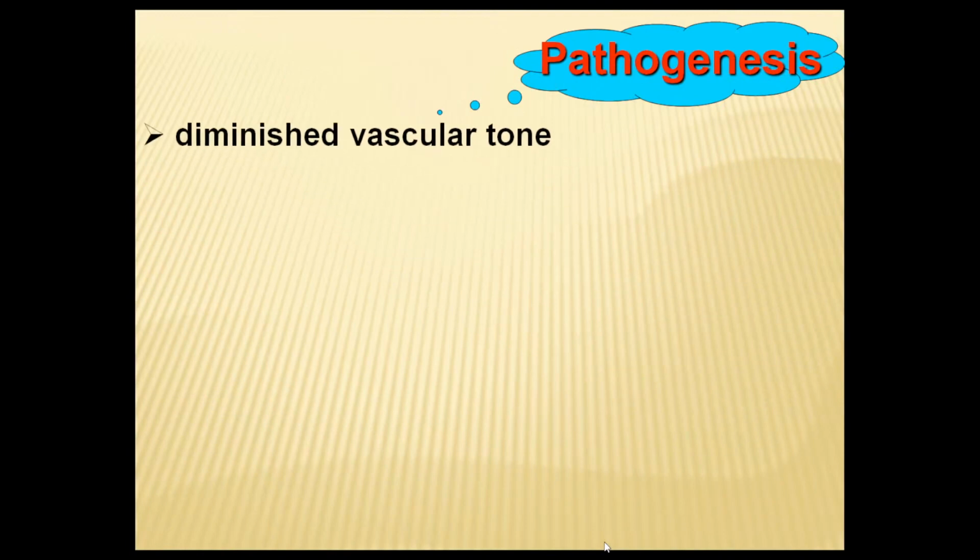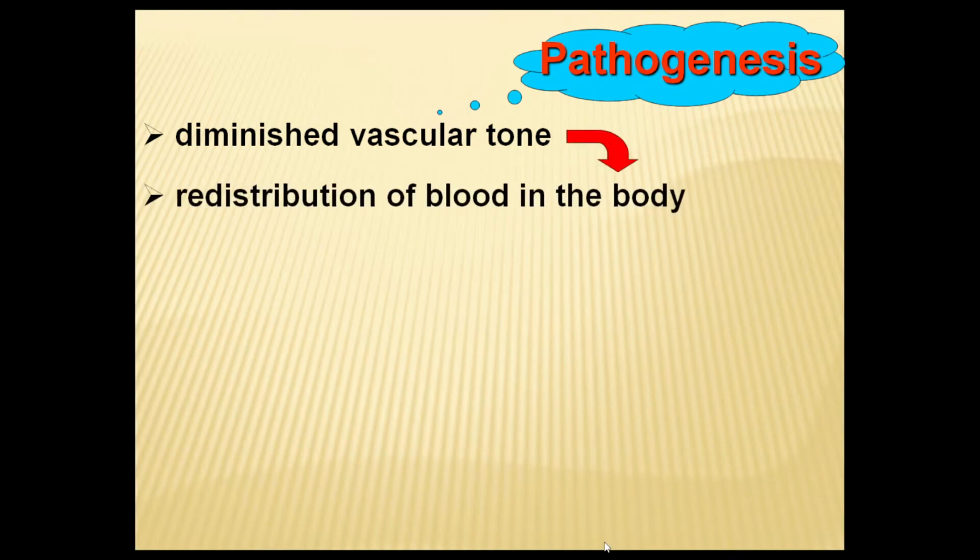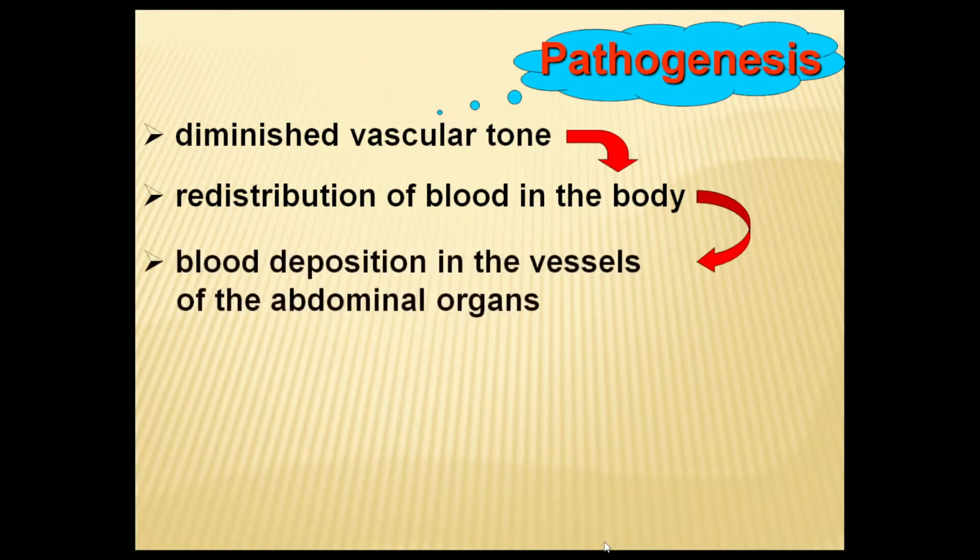Pathogenic mechanism. Diminished vascular tone, I told you some vessels dilated, accompanied with redistribution of the blood in the body, blood held in dilated vessels and restricted in constricted vessels. As a result, usually blood is deposited into the vessels of abdominal organs.